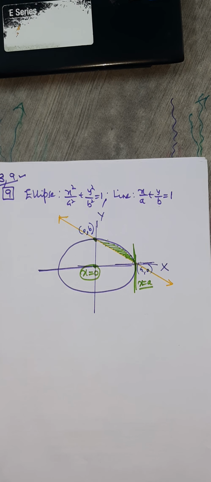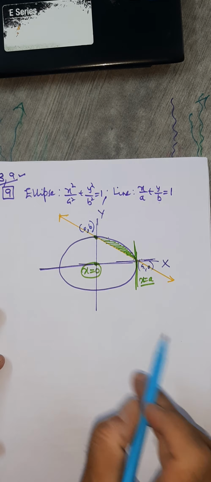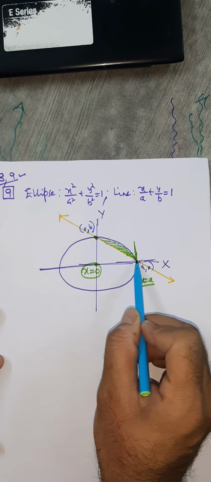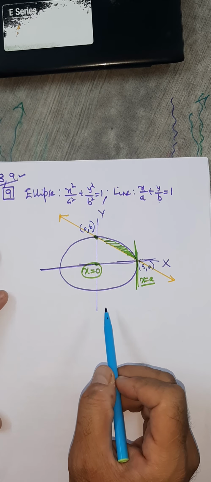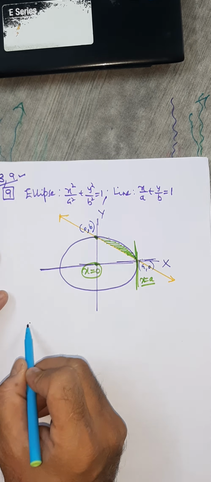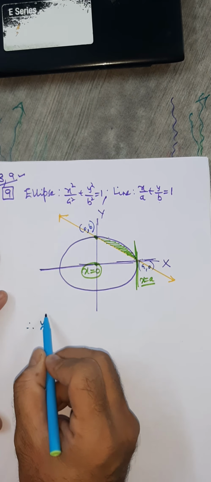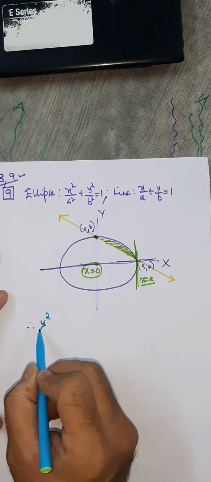Formula is f(x) minus g(x). Even here no need to solve for intersection points, because both are very standard functions. Just you need to get the y from this. y squared by b squared equals 1 minus x squared by a squared. So what is y from this? You have b by a root of a squared minus x squared.